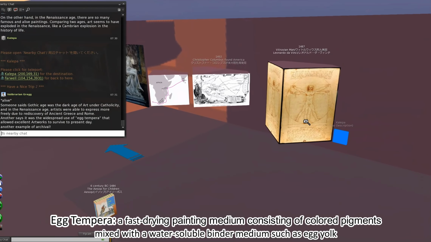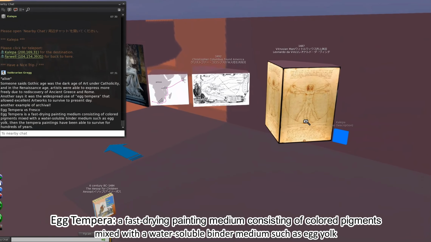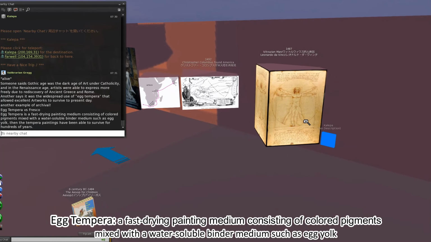Egg tempera is a fast drying painting medium consisting of colored pigments mixed with a water soluble binder medium such as egg yolk. Then tempera paintings have been able to survive for hundreds of years. Until then, fresco paintings were the only way to survive for hundreds of years, but fresco paintings cannot be repainted, so it is difficult to deliver expression.